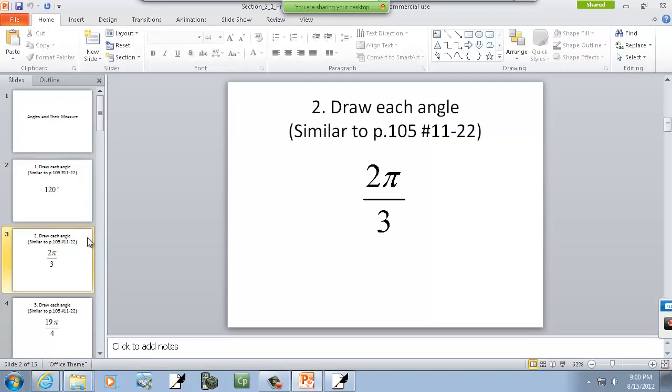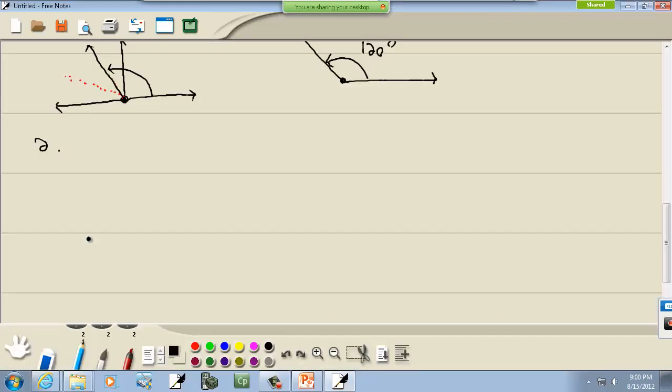Okay, so our second one: 2 pi over 3. Now keep in mind, this was our starting place here, and if I went all the way over to here, that would be pi. This is 2 pi over 3, so 2/3 pi.